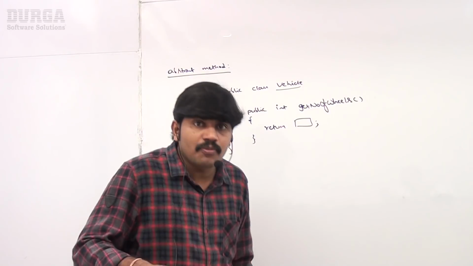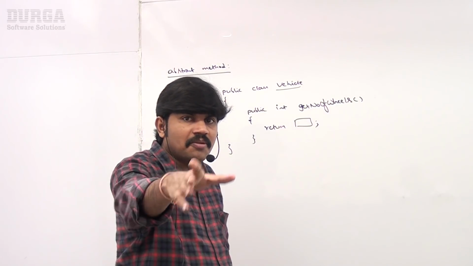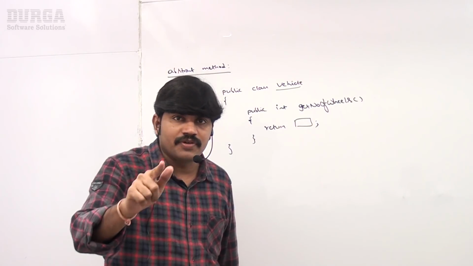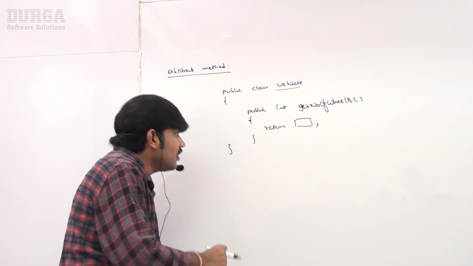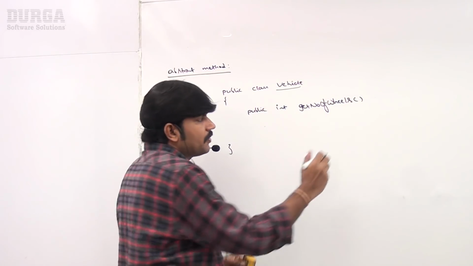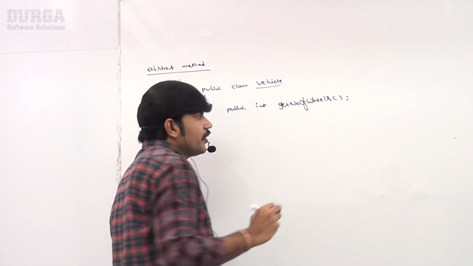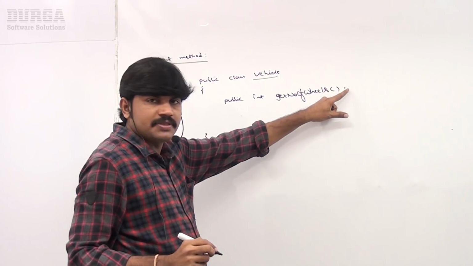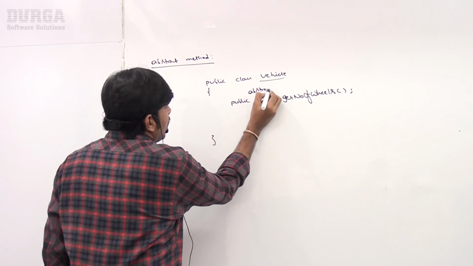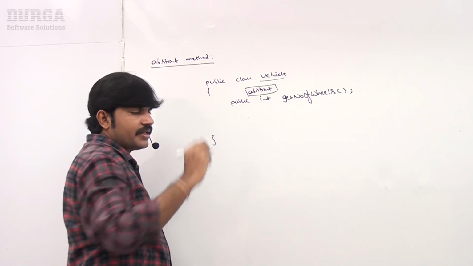If you don't know the implementation, no problem. Happily we can declare a method with the abstract modifier. Remember this, sir. If we don't know about the implementation, keep a semicolon and declare this method as abstract.